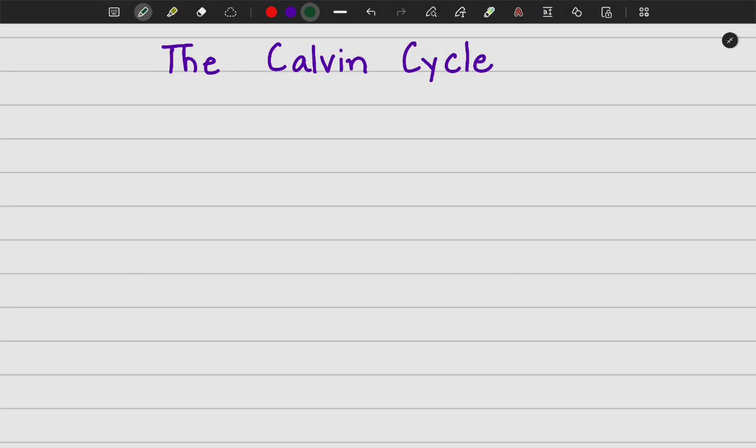In this session, we are going to learn about the Kelvin cycle of photosynthesis. So let us begin. In the previous lecture, when we studied the light reaction, we learned that the products of the light reactions were ATP and NADPH, which were synthesized during the light reaction or the photochemical reaction of photosynthesis.